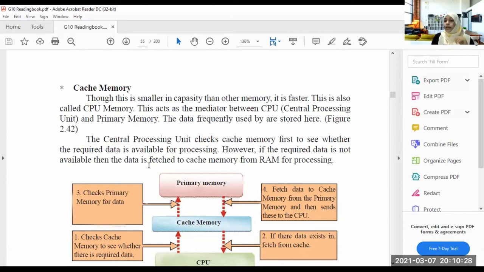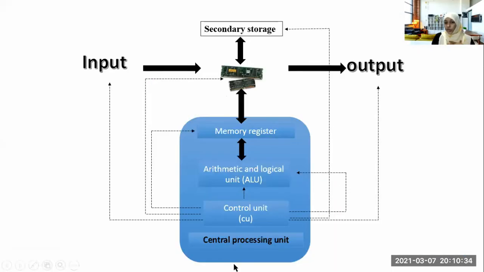Now I told you this cache memory is also called the CPU memory, right? But I didn't explain here that there is a CPU memory. There is a memory register, but I didn't tell you about the CPU memory. This CPU memory is between the main memory and the ALU here.